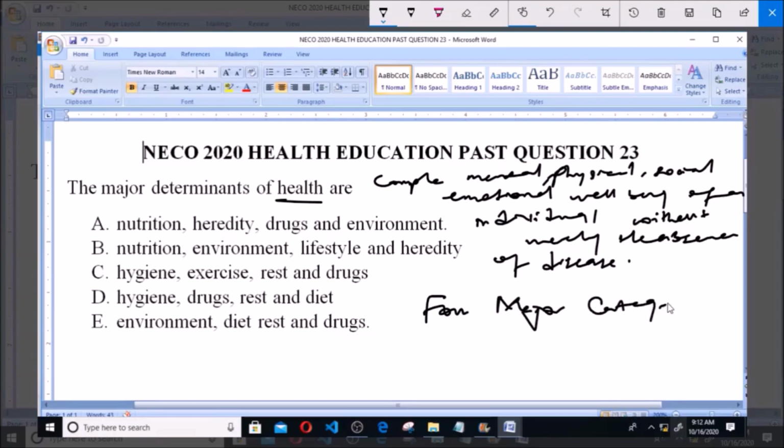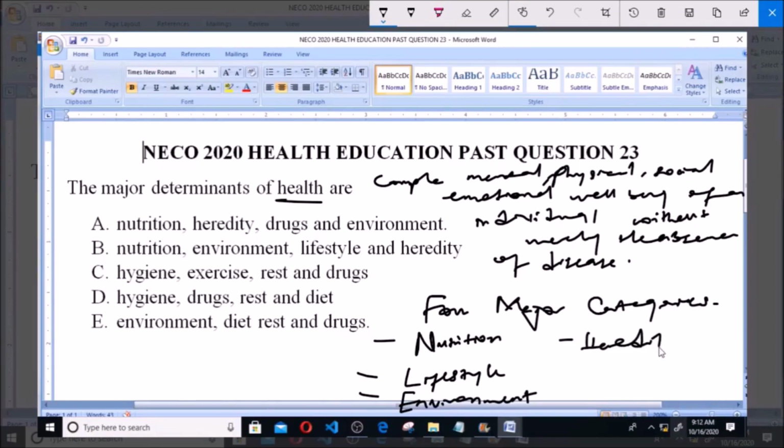These include: one, nutrition, which is one of the major determinants of health; two, lifestyle, because one's lifestyle affects one's health; also environment, that is how clean your surroundings are; and then lastly, heredity.